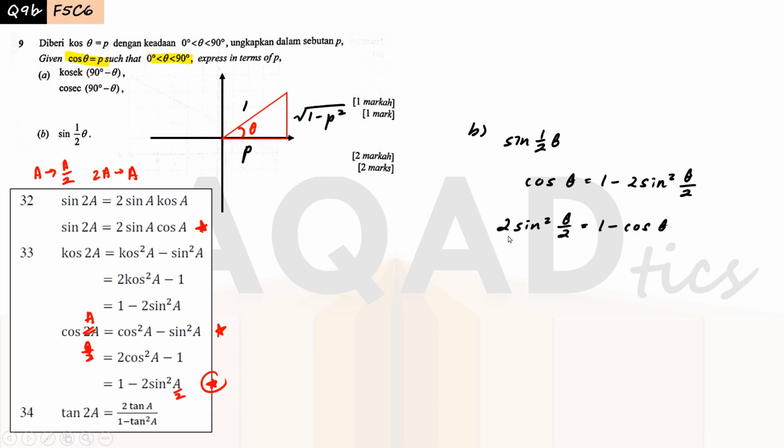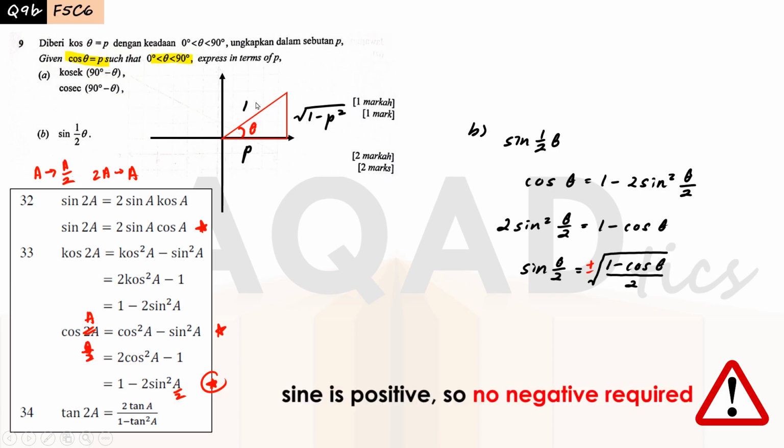And then we slowly move the things to the right side, for example the 2 and then the square root. Right, so when I move a square root, usually we will have plus and minus, right? But because of this angle here, the angle is 0 to 90. So sine, as we know, in the first quadrant, is positive, right?